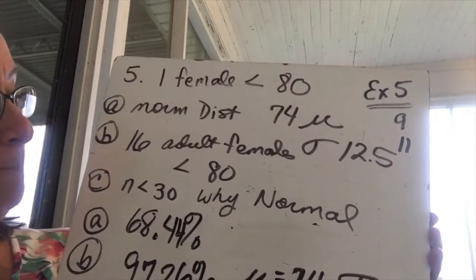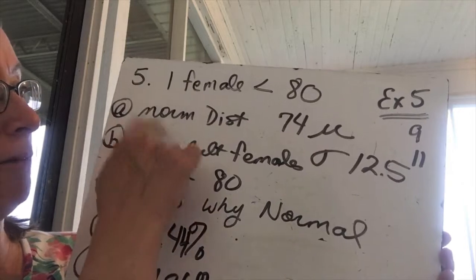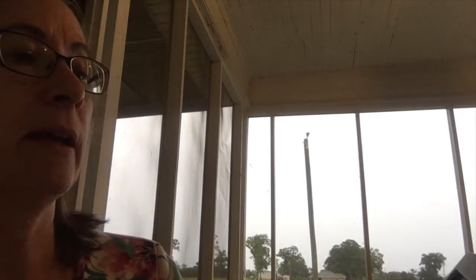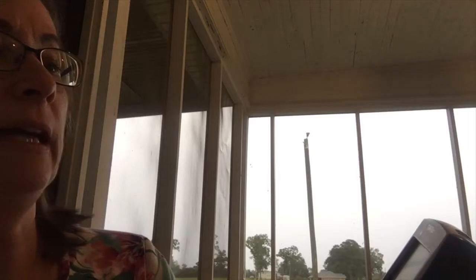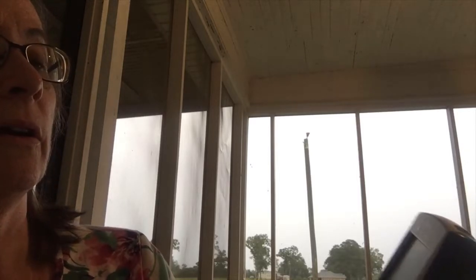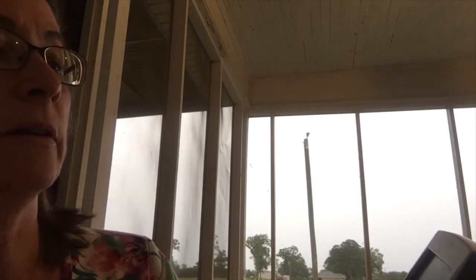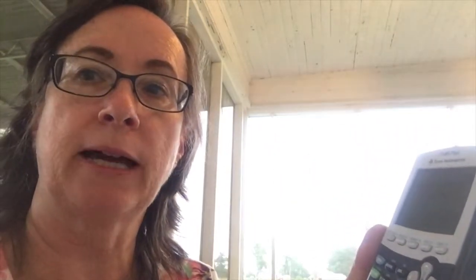So this one right here, we are going to do the first part. All right, so I did the normal CDF, and let me see if I can get this to show you my calculator.